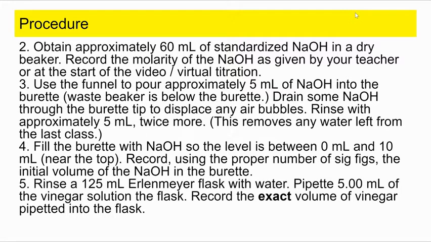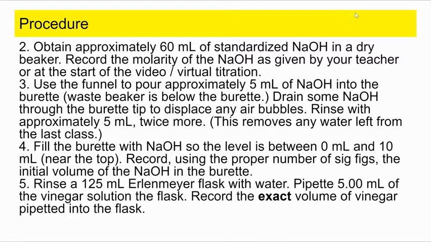This is going to be our titrant, what we're going to use, a solution of known concentration, to do our titration. Then we'll use the funnel to pour approximately 5 milliliters of the sodium hydroxide through the burette to make sure we clean it, drain some through the tip to displace any air bubbles, rinse with 5 milliliters twice more, making sure that we remove any water left over from the last class.